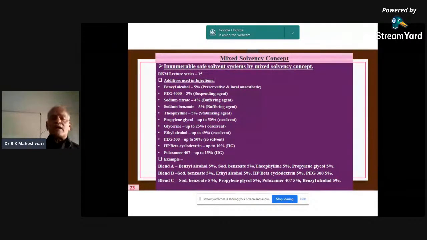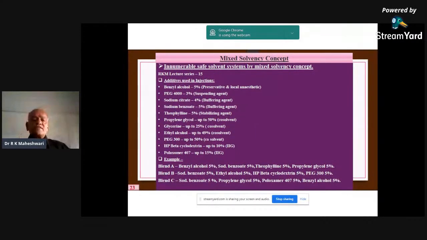Ethyl alcohol up to 49% co-solvent, PEG 300 up to 50% co-solvent. HP beta cyclodextrin, this is not from Lachman, but is given in the IIG. IIG means Inactive Ingredient Guide, which is followed by industries to refer to the highest concentration of the solubilizer which can be employed for formulation.